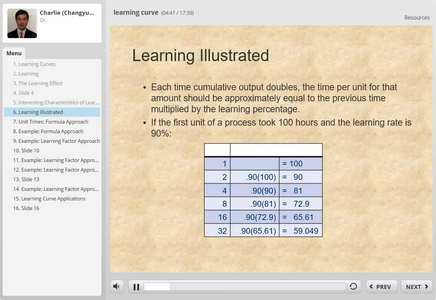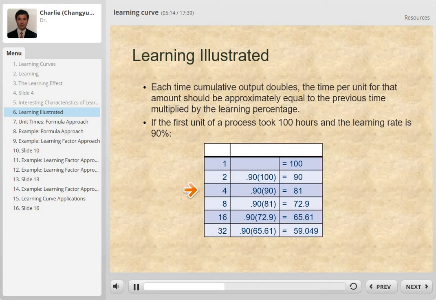The first time we finish it, it takes 100 hours, and we know the learning rate is 90%. What we do is set up a table. The first time we run this, it takes 100 hours right here. Now the second time, it will take the 90% learning rate times the hours we took in the first run, which is 100 hours, so it becomes 90 hours.